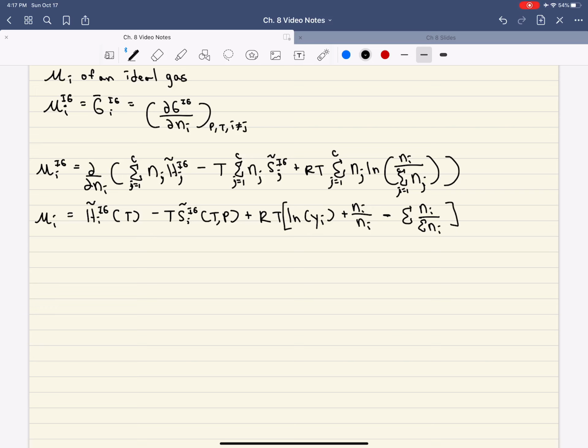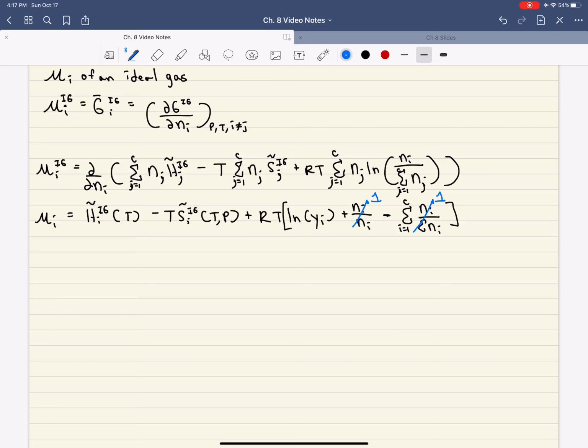Kind of a weird way to write it, but in any case, this thing here is just 1. And here we're essentially calculating the mole fractions and then adding up all our mole fractions. So that's also going to be equal to 1. And so we're going to get 1 minus 1, and those both go away.